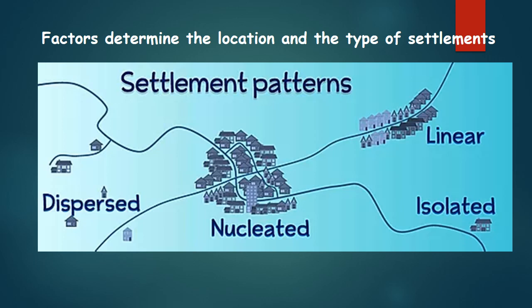Secondly, settlements grow in places where water is available in plenty for both agricultural and domestic purposes. Settlements therefore also grow at the confluence of rivers or on the banks of rivers. Confluence means the place where a main river meets another small river, stream or tributary, or where two main rivers join each other.